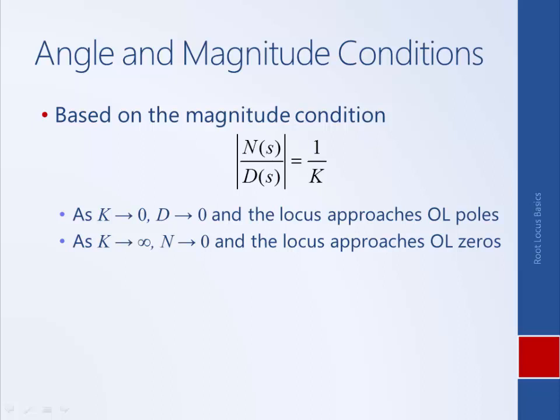So as k approaches infinity, this becomes small if n approaches 0, which corresponds to values of s that are equal to the open loop zeros. This too is something that we saw. Okay? And so this gives us a big picture idea of what the root locus is doing.